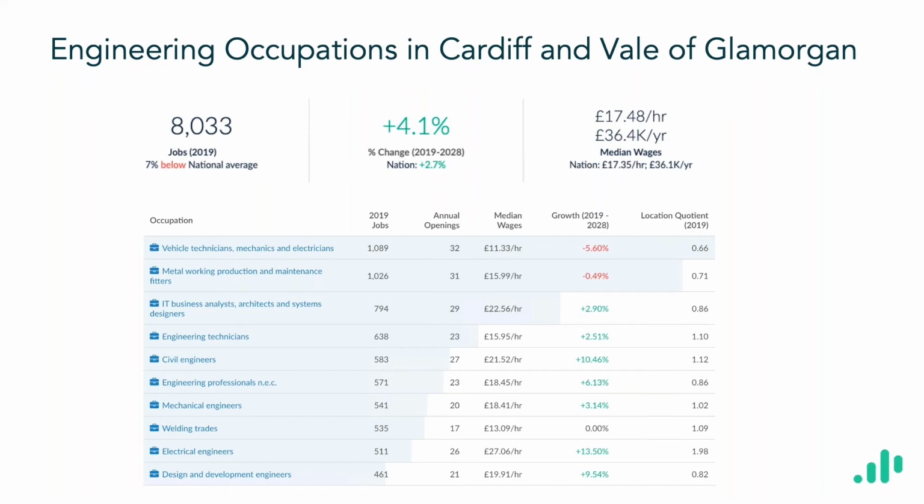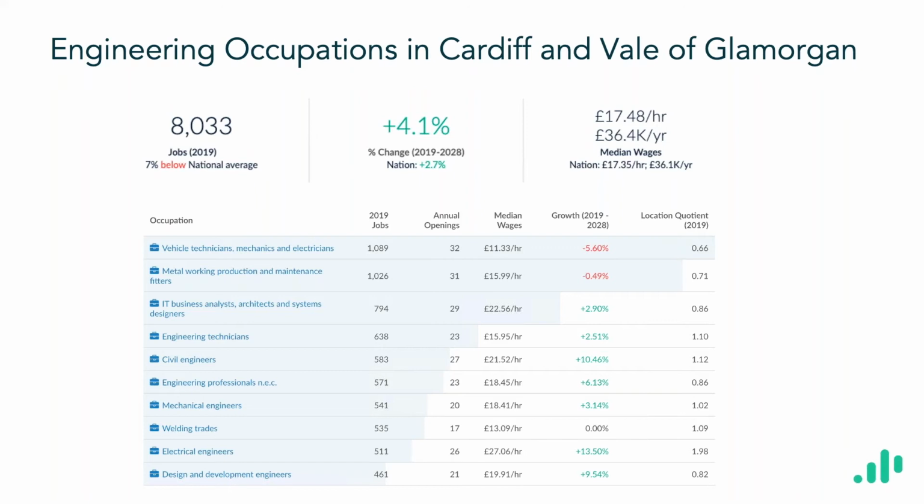So on the face of it, that's good, and a solid career potentially to go into. We can then see the average wages, median wages, which is always useful to understand in terms of salary expectations for students, and whether that's going to meet their needs. But the real area of usefulness is in the data below.